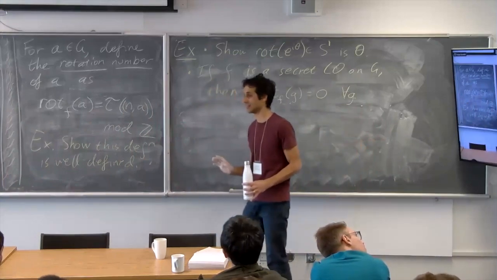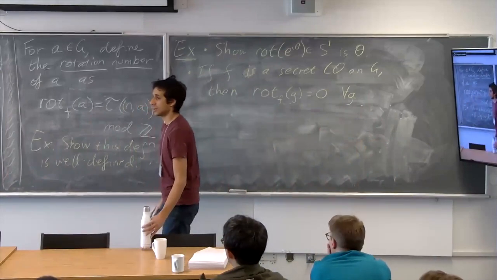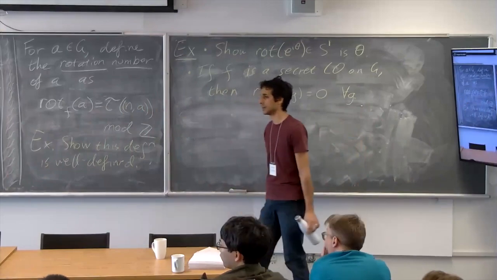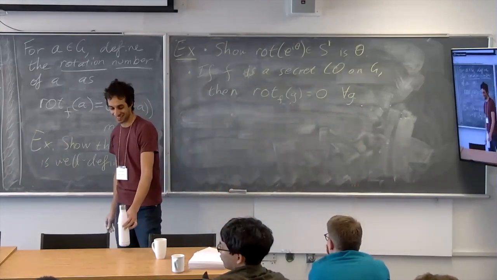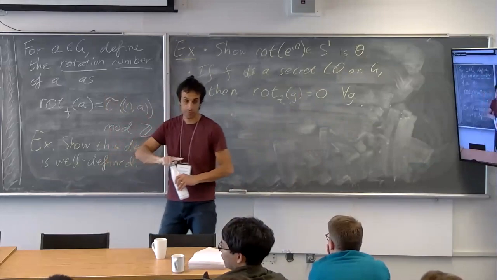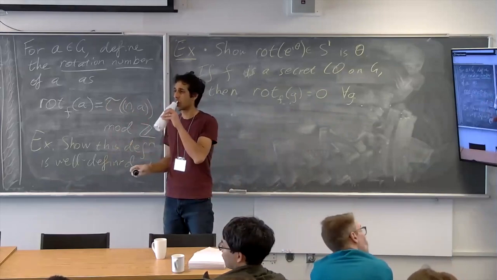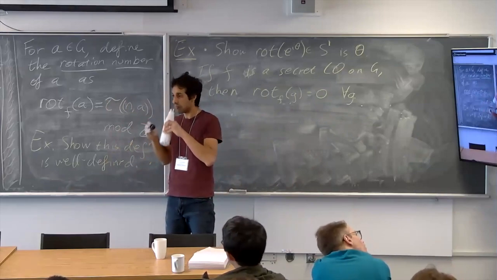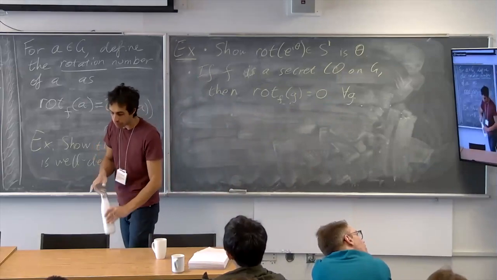Take the free group F2 acting in the standard Schottky ping pong. Any element is hyperbolic in PSL2 of R, and so any element has a fixed point. So its rotation number is 0.